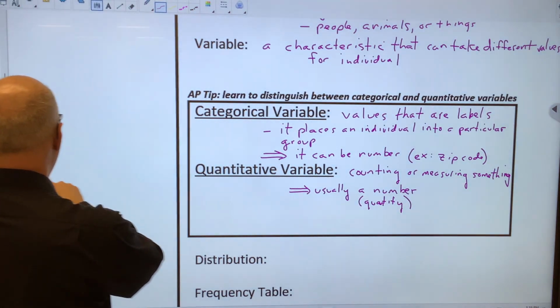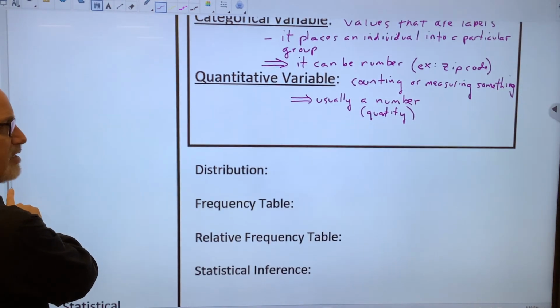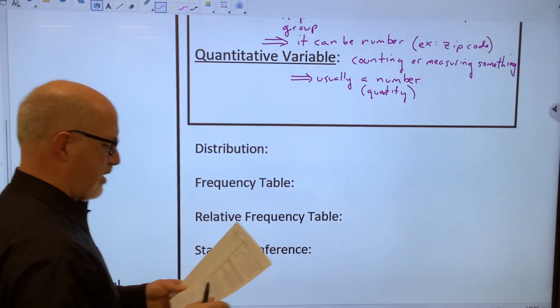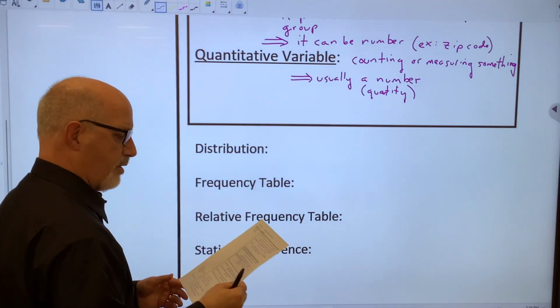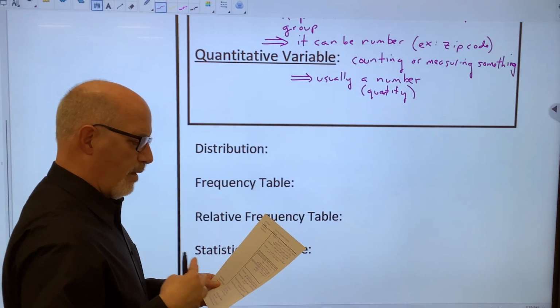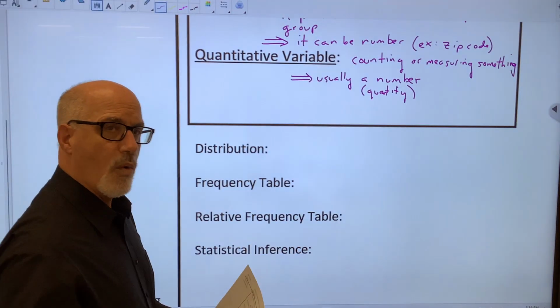They're very important to have those two because it determines a lot of the other work that we're going to do. Now, the distribution of a variable tells us what values the variable takes and how often.